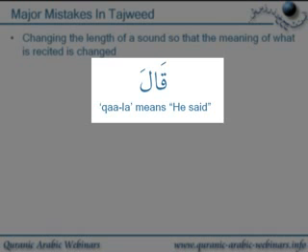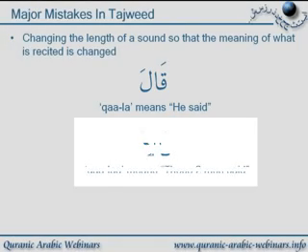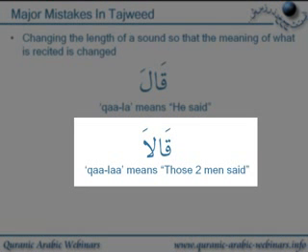Now in Arabic, qaala means he said, i.e. grammatically we're talking about a single male, third person. Now here we have another Arabic word very closely related, which is qaalaa. So both of these are fathah-alif and they're both two long.